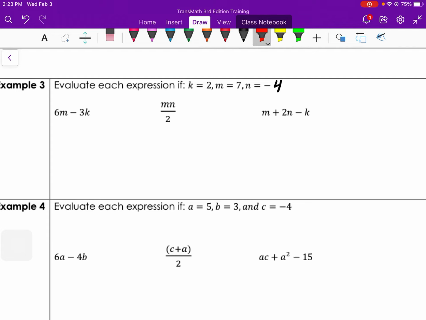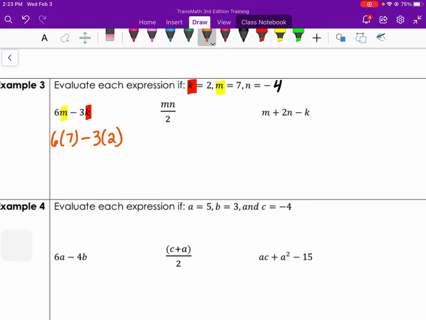So wherever I have a K, I'm going to plug in a 2. And on this one I have an M, I'll plug in a 7. So in my first one, 6M minus 3K means 6 times M, where M is now a 7, minus 3 times K, and K is 2.